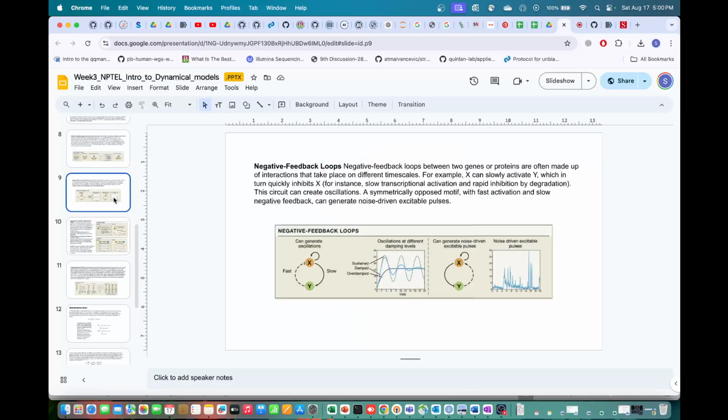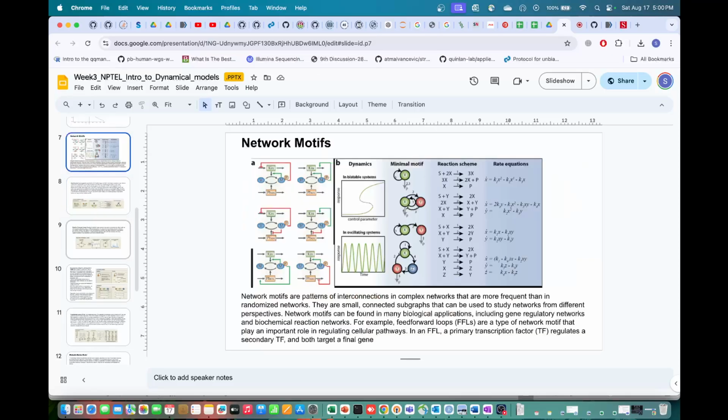Here, if you remember these kinds of loops, these are network motifs, and each of these network motifs has a very distinct behavior.